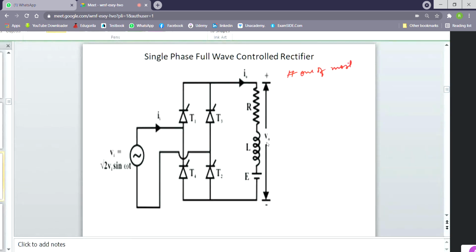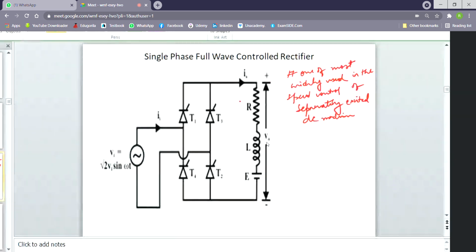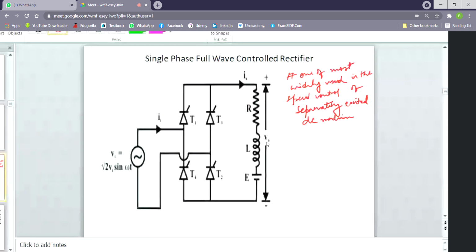So what is happening is that, as you can see in the figure, the RLE shown here can be thought of as representing the electrical equivalent of a separately excited DC motor.